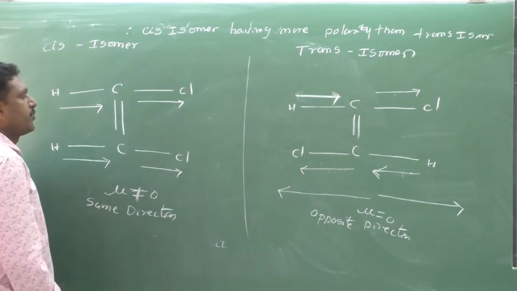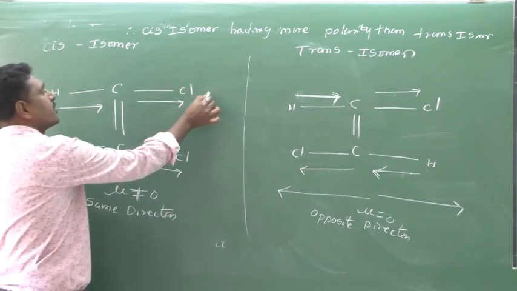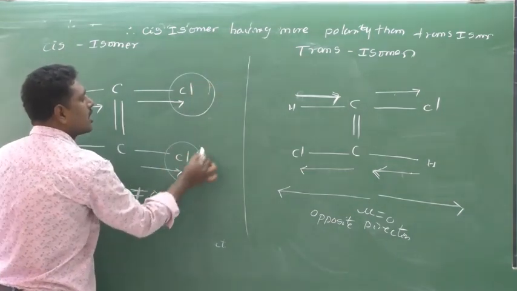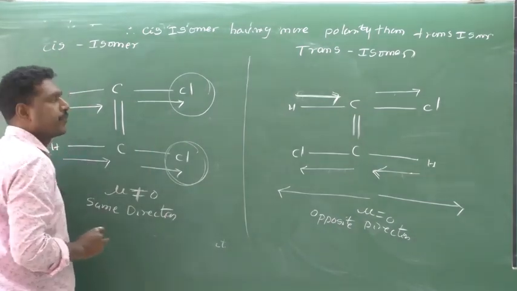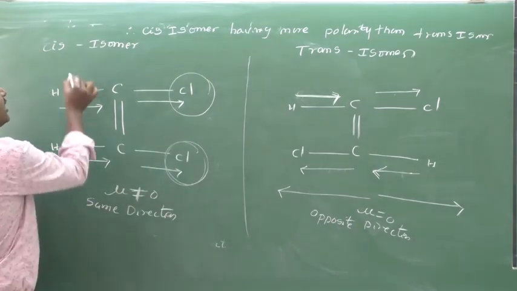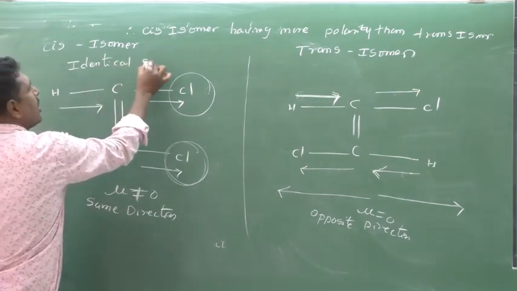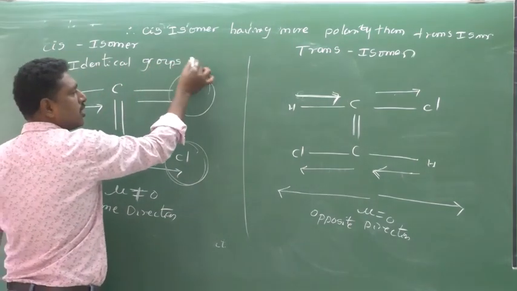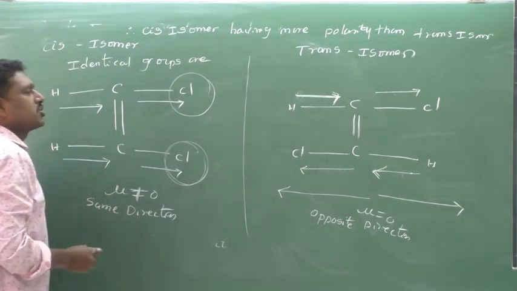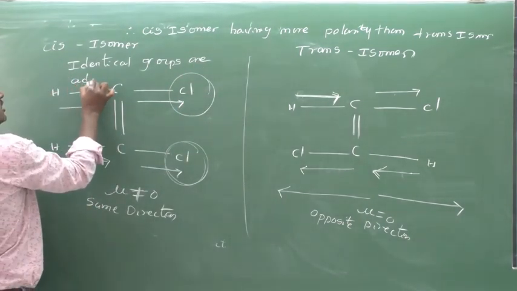We know that in cis isomers, identical groups are adjacent to each other. Here identical groups are adjacent to each other.